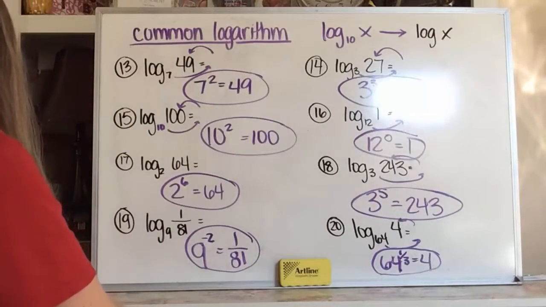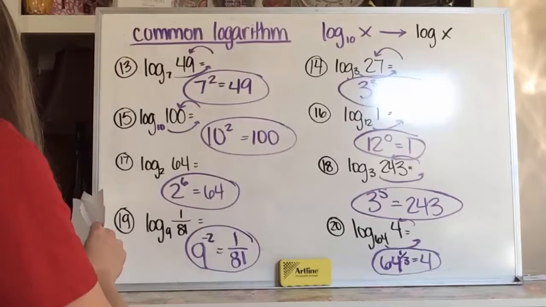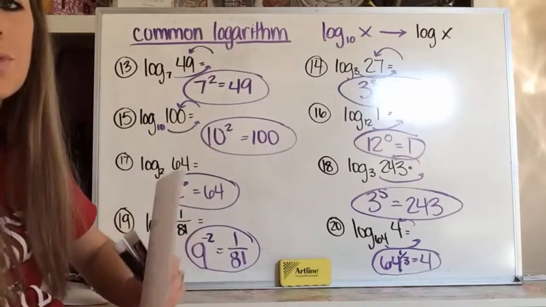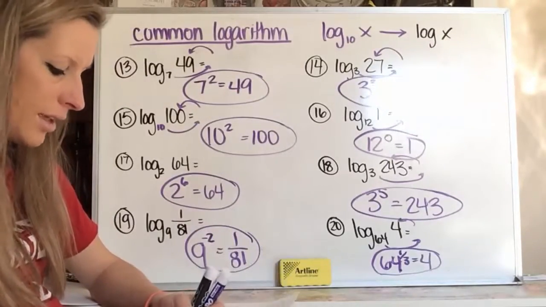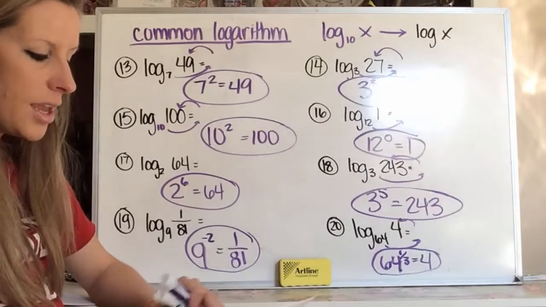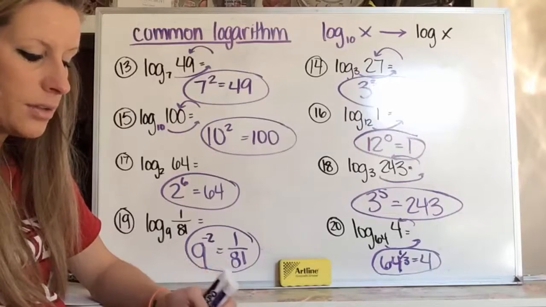Okay. On your worksheet today, you're going to go through these. A lot of these are just rewriting it, so it's going to be really quick. It needs to be really quick. You're going to skip the last section, and on the next to last section, you're going to do odds only.